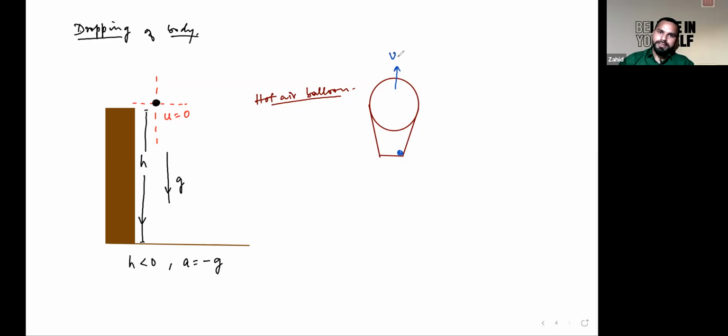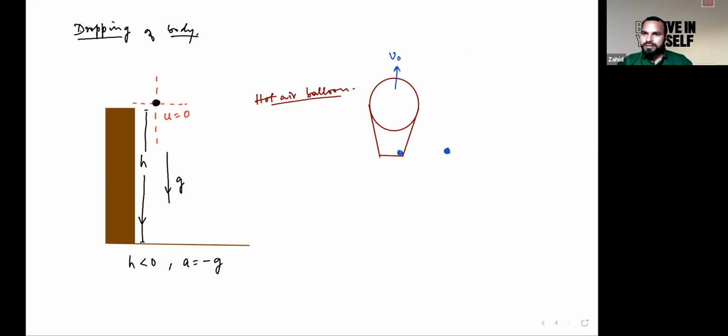Let's say it is ascending at some initial velocity v0. Now this body is dropped from it, let's say dropped into the air.